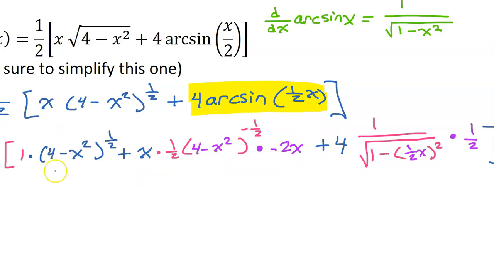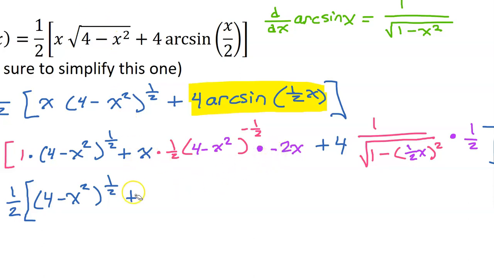So let's go ahead and write down the 4 minus x squared to the 1/2 power. I am forgetting about the little 1 in front that I don't need. I think I can go ahead and squeeze in the 1/2 that belongs here now. What else do we have going on? Let's look at this middle term. So I see that we have a 1/2 and a 2. Those are going to cancel each other out. The negative sign still remains.